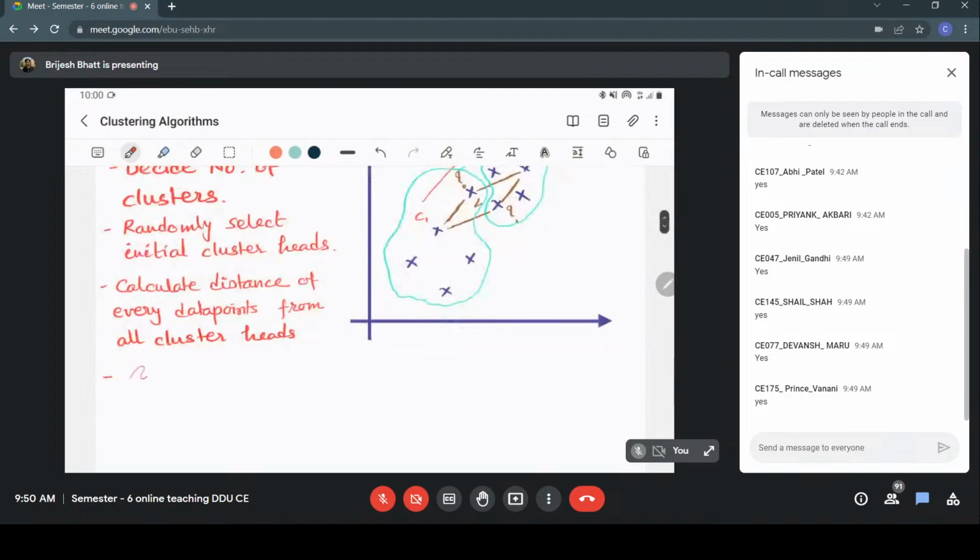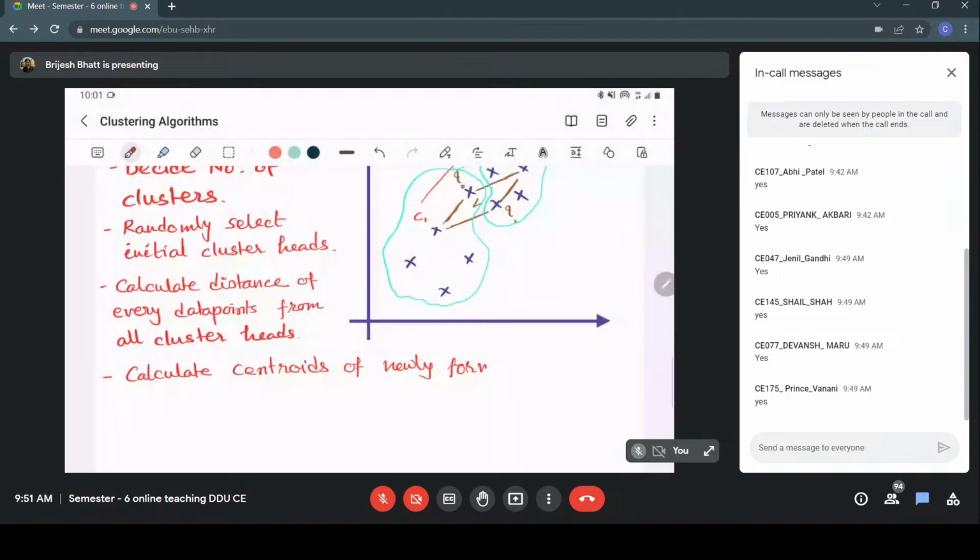Then calculate the centroids of newly formed clusters.